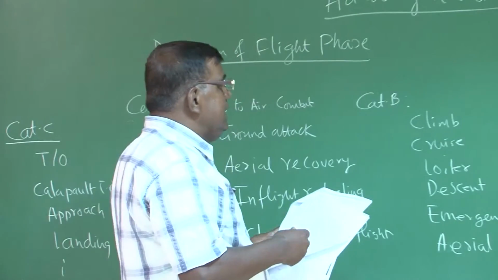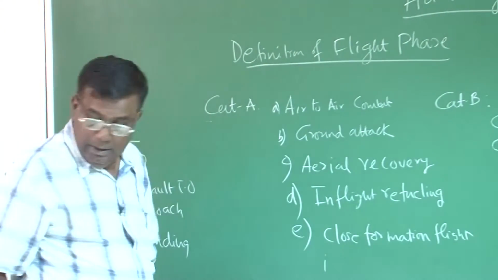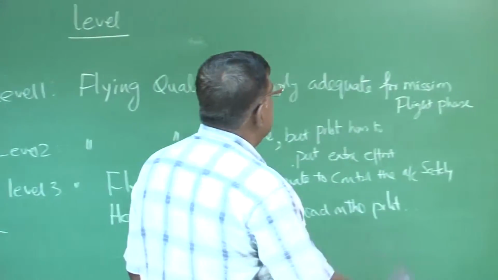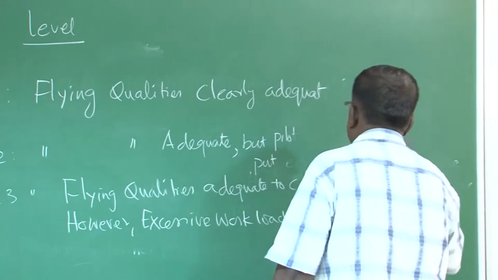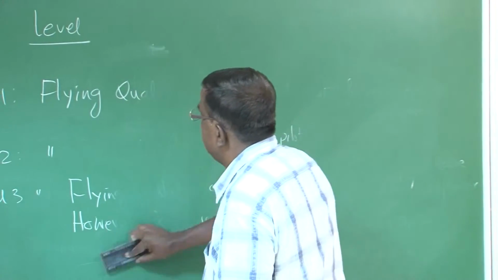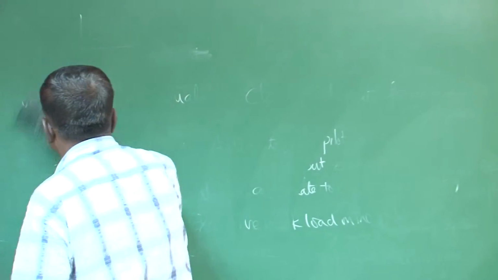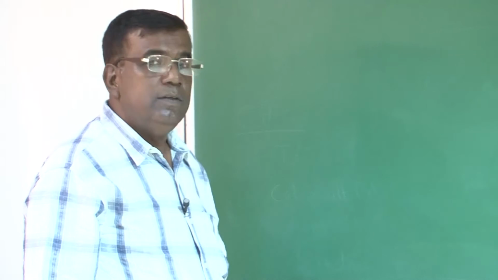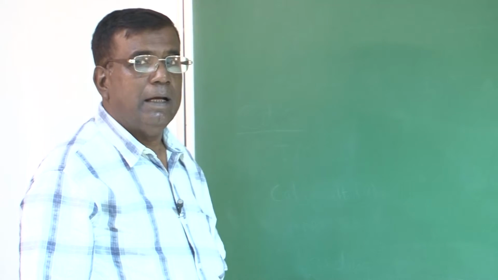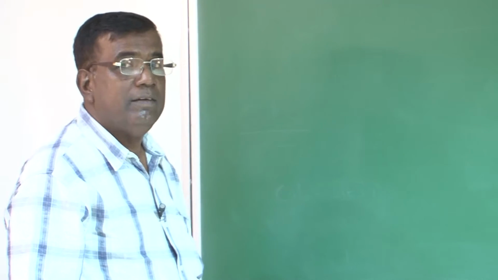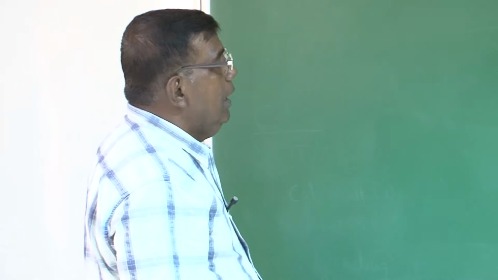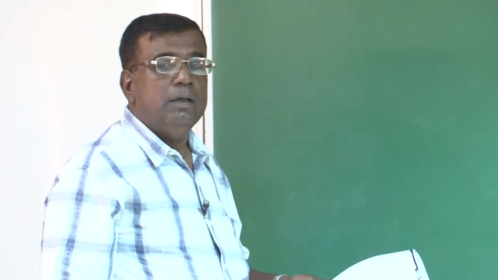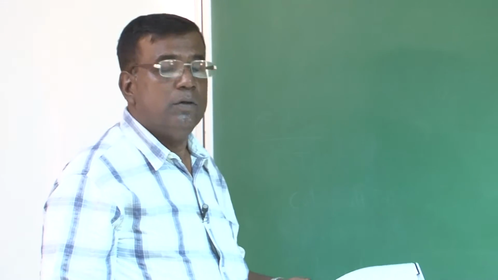Now, with these 3 understandings, we will come back to how these things are quantified through zeta, omega n, etc. So I will only give some representative numbers. Once we identify class, category, and level, handling qualities level, as I told you, we will be looking through the damping ratio and natural frequency of different modes.